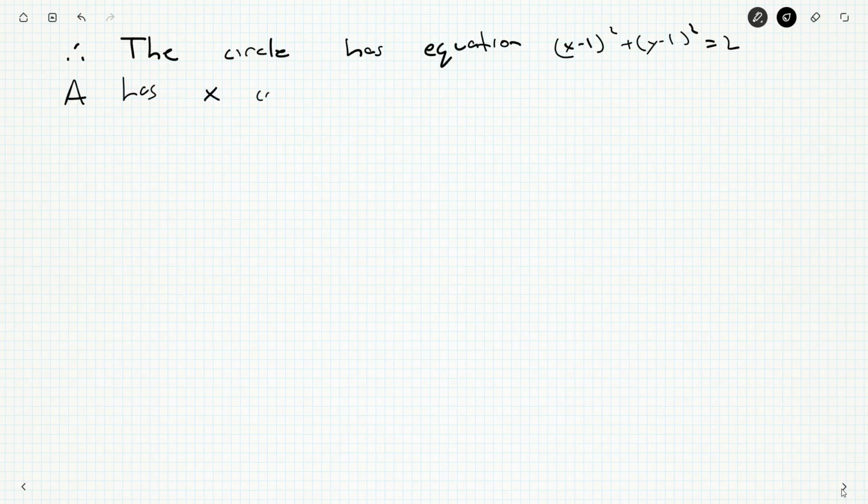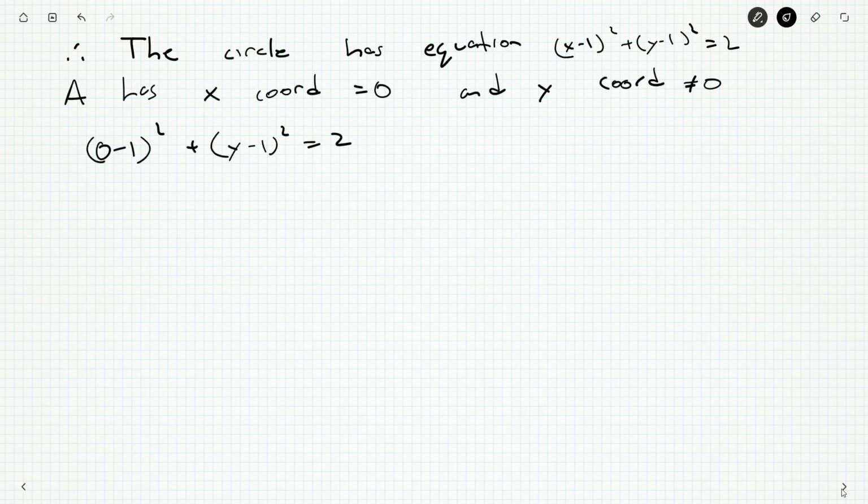A has x coordinate equal to 0 and y coordinate not equal to 0 because it can't be the origin. So 0 minus 1 squared plus the y minus 1 squared is equal to 2. Then that'll rearrange to y minus 1 squared is equal to 2 minus 1, which is 1.